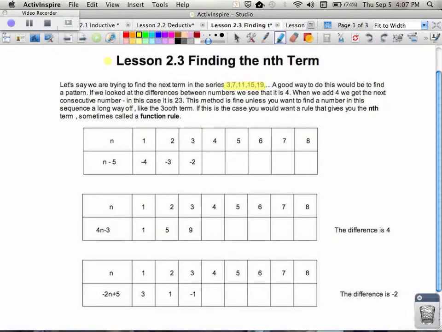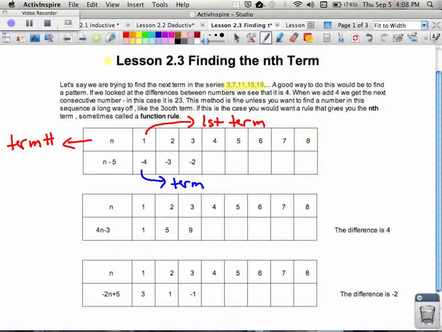First of all, the n is talking about the term number. So for example, this 1 is saying it's the first term. And down below in the chart, this number is called the actual term itself.